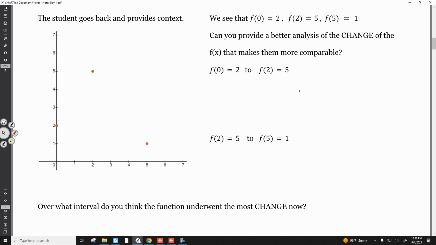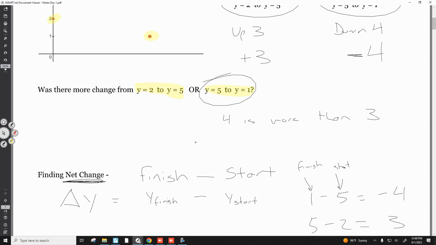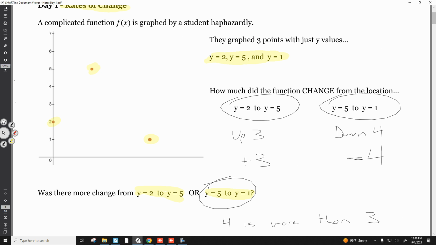Now we can talk about the change between 2 and 5 and 5 and 1, but make it more comparable. Because if you notice, and many people didn't, the space between these 2 points, like going from 2 to 5, it seems like we went up 3, but over a smaller length here than we went from 5 down to 1.